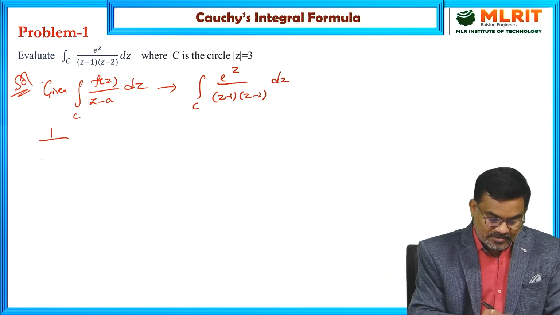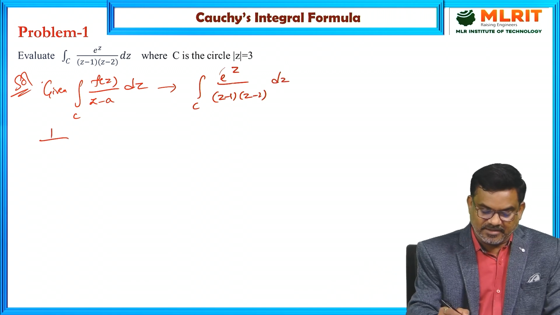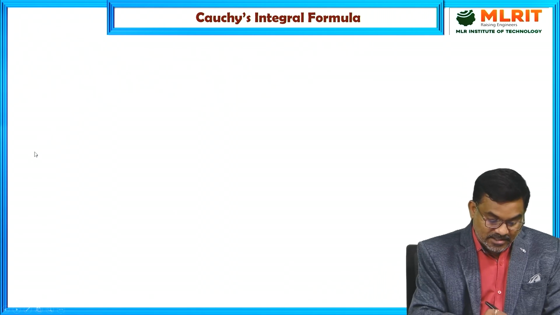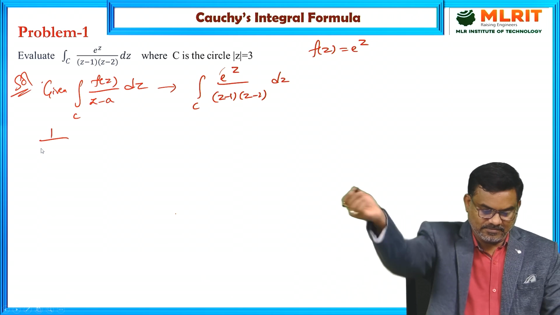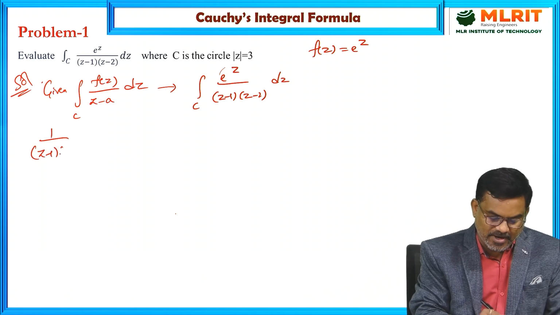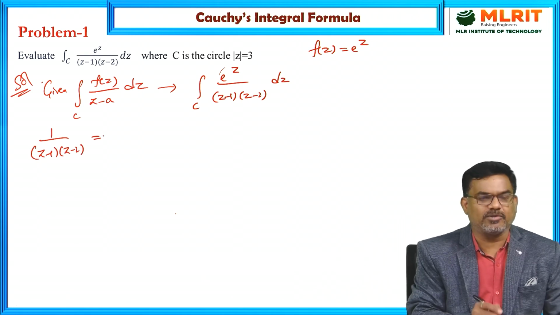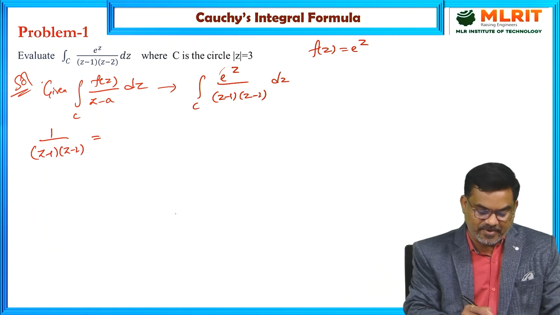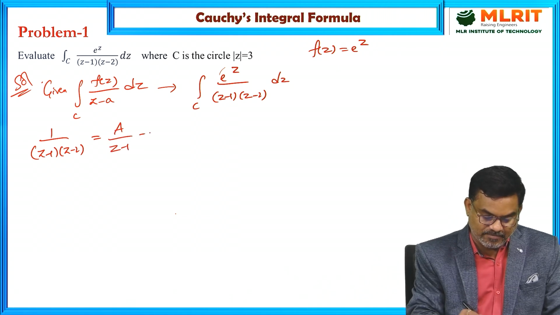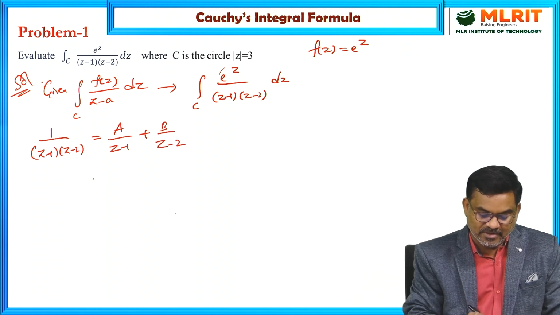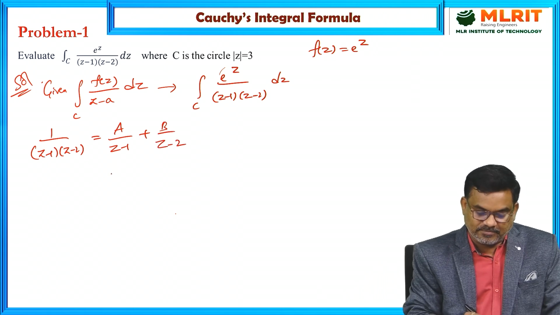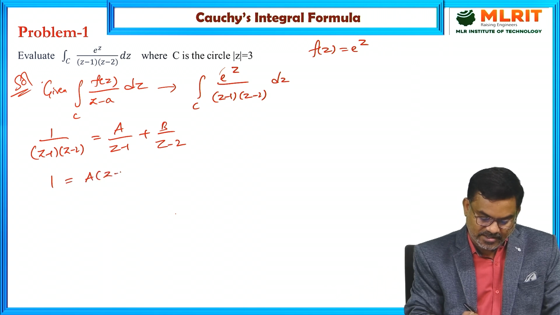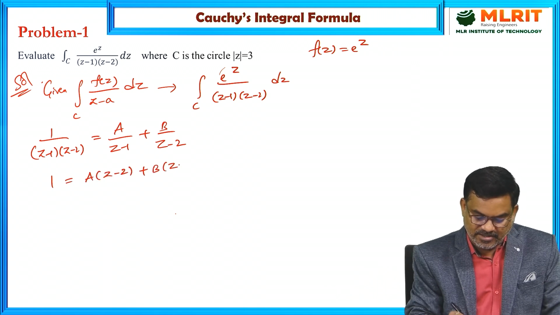Here f of z is e power z, but the denominator is z minus 1 into z minus 2, so we need to split this using partial fractions. You know how to find partial fractions: A by z minus 1 plus B by z minus 2. By finding the LCM, 1 equal to A into z minus 2 plus B into z minus 1.